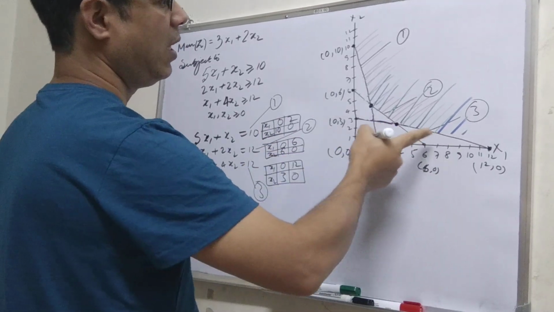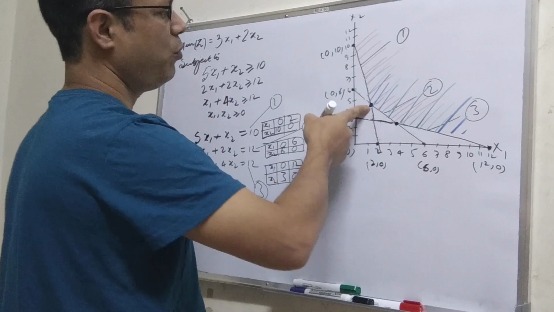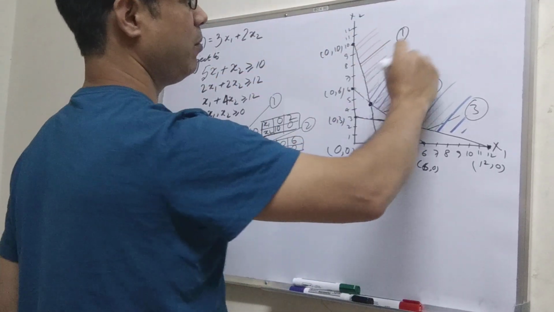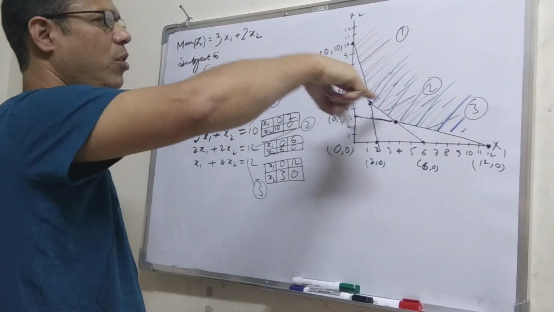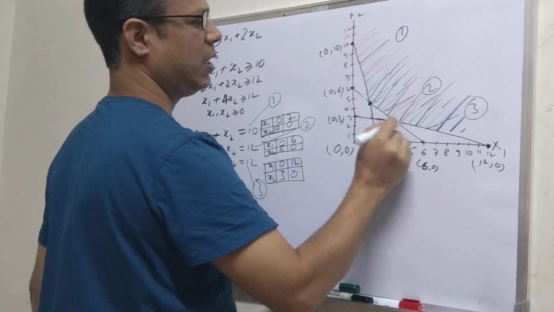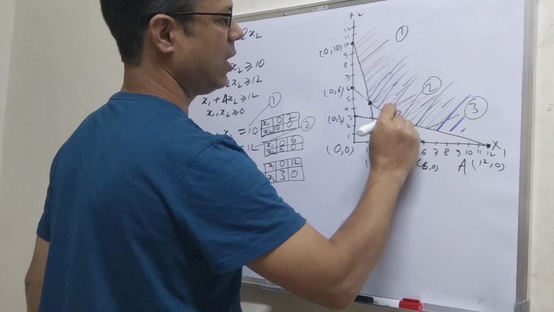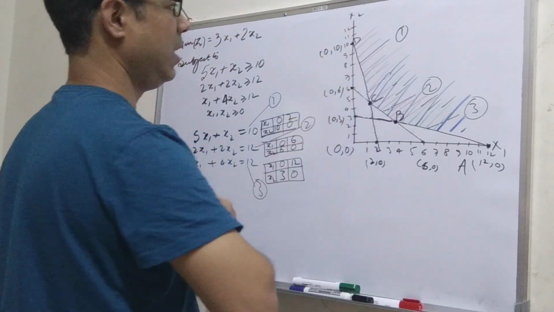So there are four corner points, 1, 2, 3, 4, and when you find the intersected points, you need to select the upper part. This is the main method: just select the upper portion of the graph. Now we have selected these four intersected points, and you can give them names. Suppose this one you give the name A, here B, here C, here D.